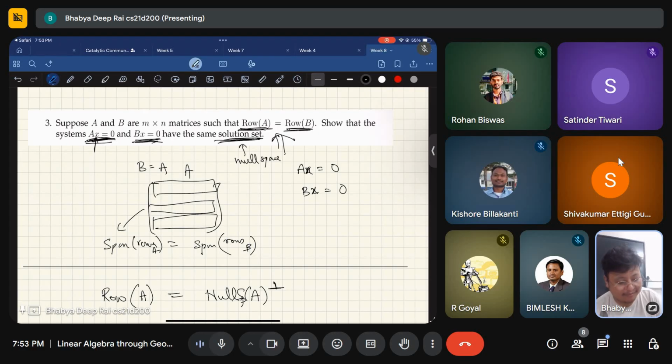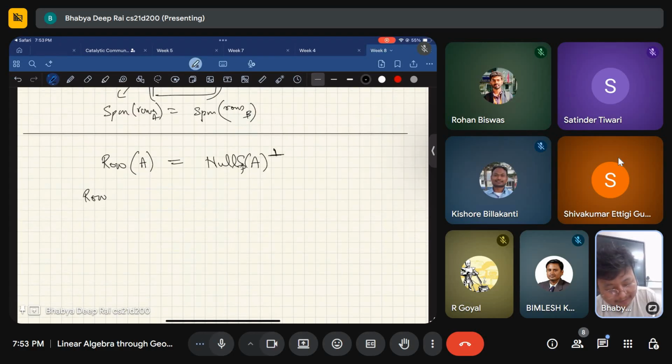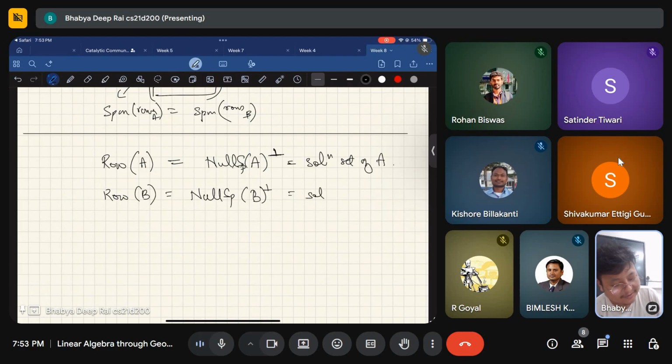Now, you have row space of A equals null space of A transpose, which is equal to the solution set of A. Now, you have row space of B equal to null space of B transpose, which is again the solution set of B.